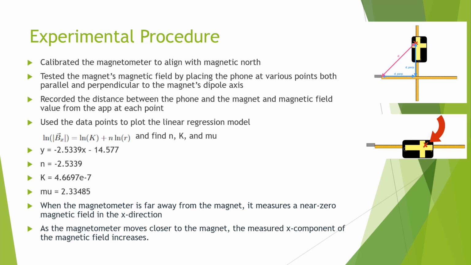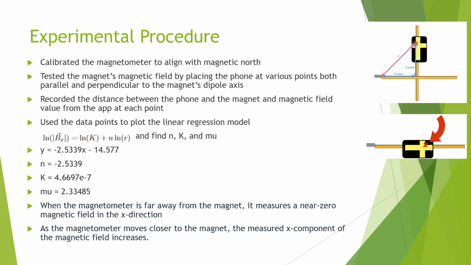The regression line we got was y equals negative 2.5339 x minus 14.577, and then n in this case is just the slope of this line. K is equal to 4.6697 e to the negative 7th, and then from using these values we found mu to be equal to 2.33485.